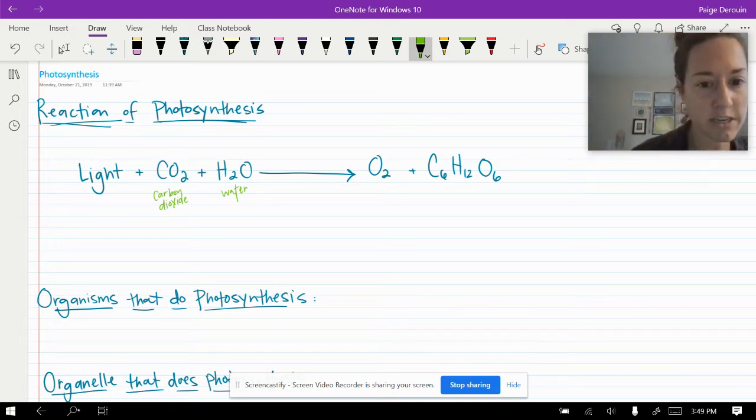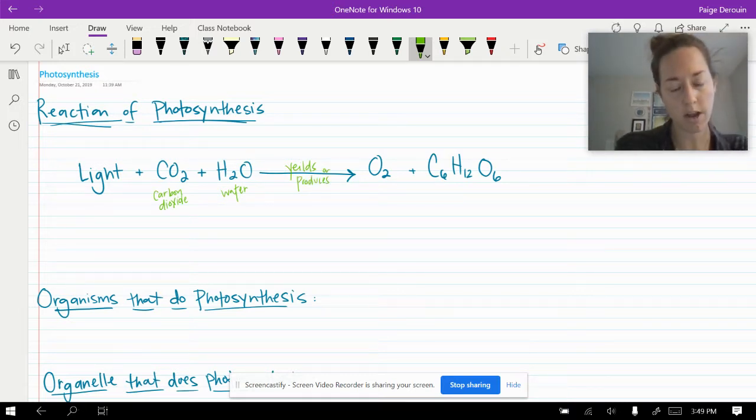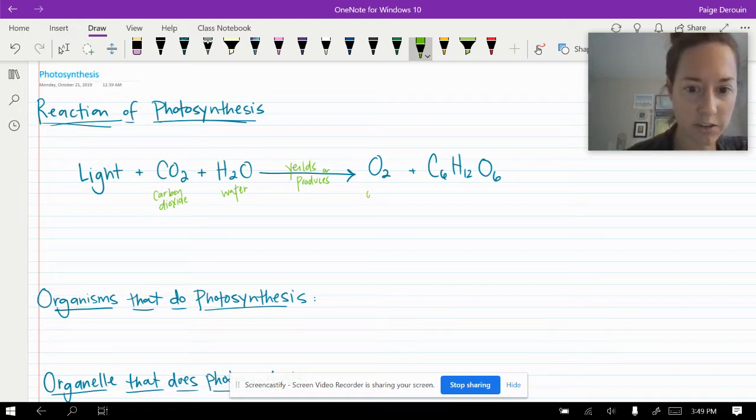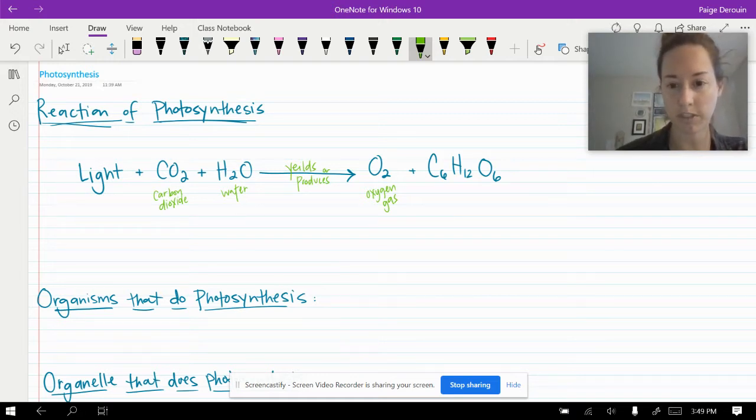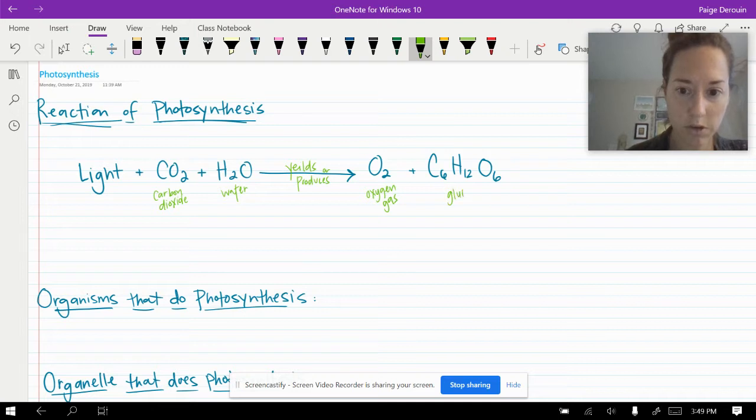The arrow means yields or produces. And then you have oxygen gas on the other side, and glucose, which is C6H12O6. Glucose, which of course we know is sugar.